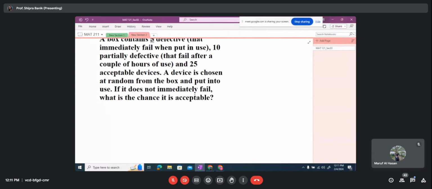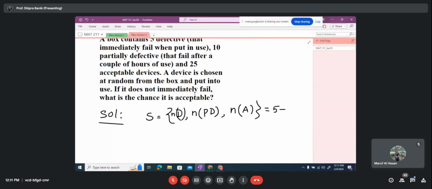Write the space, which consists of D for defective, number of D because it is repeating, number of PD, partially defective, always making you familiar this way for better understanding, and A for acceptable. We have 5, 10, and 25. Then how many devices do we have here? 40. 40 devices.